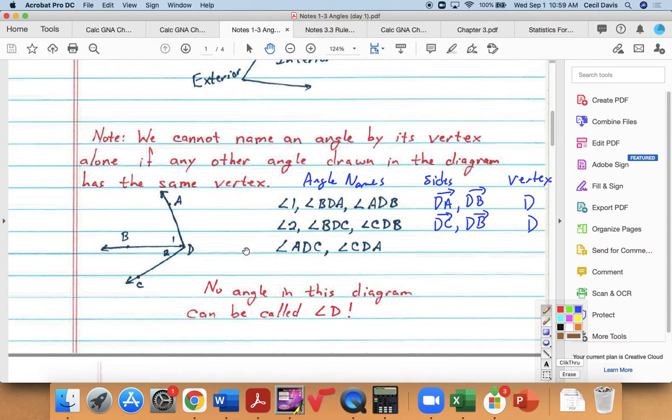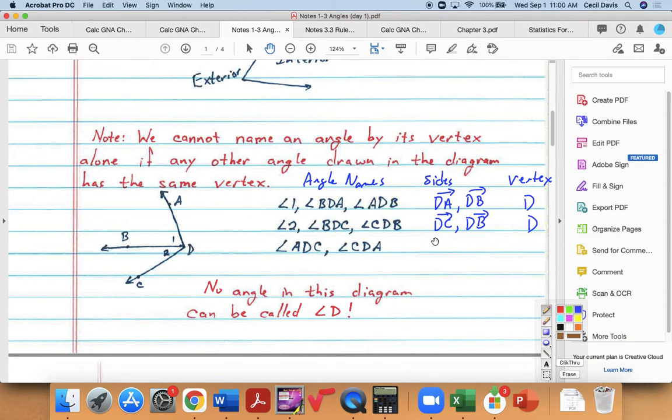So for the whole big angle, we could call it angle ADC or angle CDA. We can't name it by a number because there's not a number that's just in its interior. So Braden, how about giving me the sides of the big angle? So we're talking about this whole big angle here.